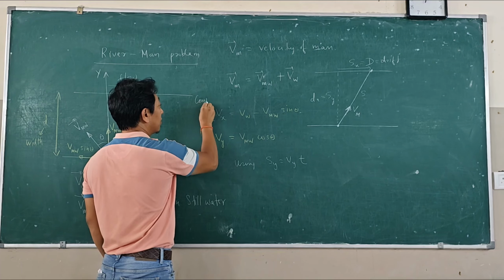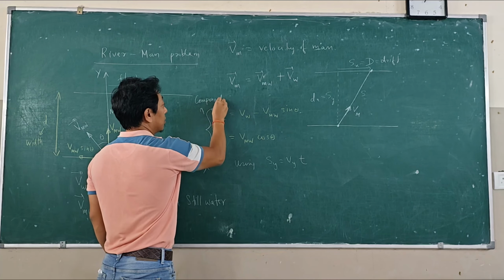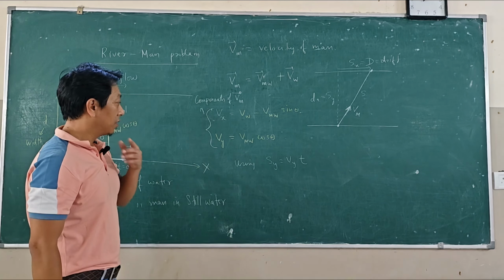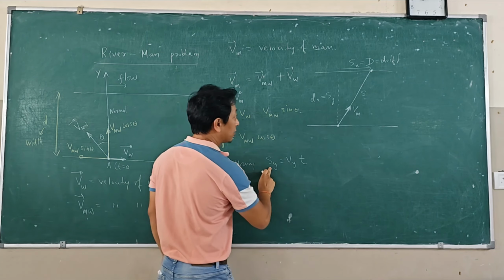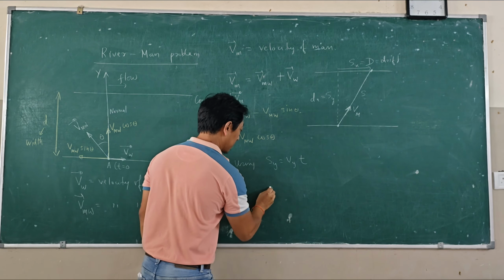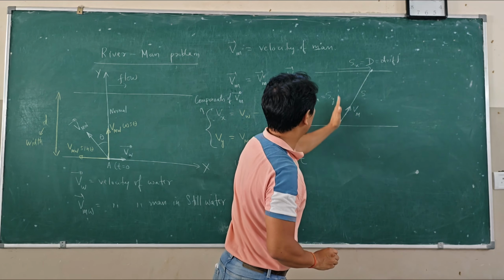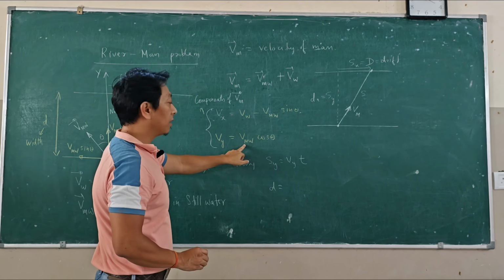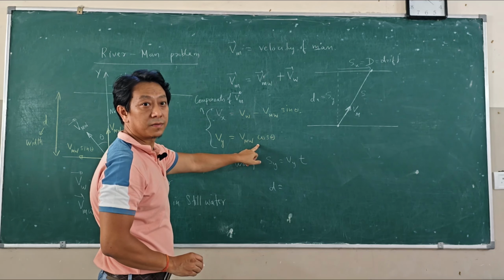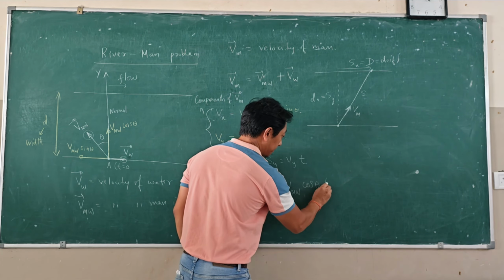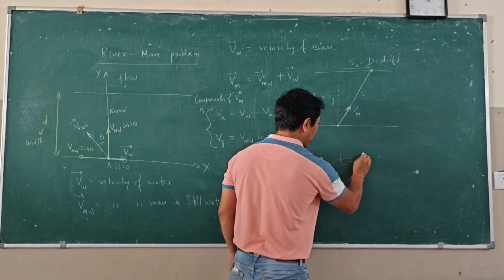Components of man's velocity. These two. So what is Vy? What is Sy first you tell? D. What is Vy? Man's component here. Vmw cos theta. Vmw cos theta into T. So from here T you can calculate.